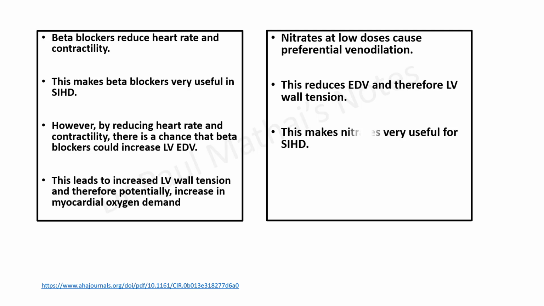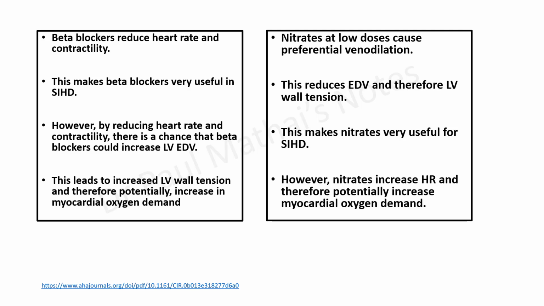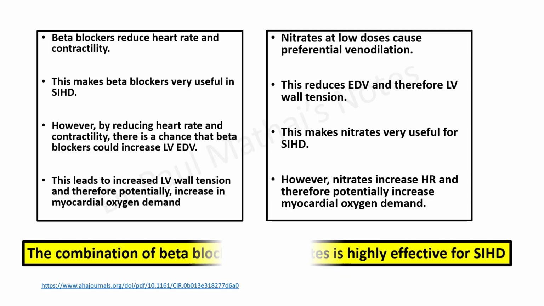The main adverse effect of nitrates will be reflex tachycardia. By combining nitrates with beta blockers, they more or less negate each other's adverse effects, and therefore the combination of beta blockers and nitrates is highly effective for stable ischemic heart disease.